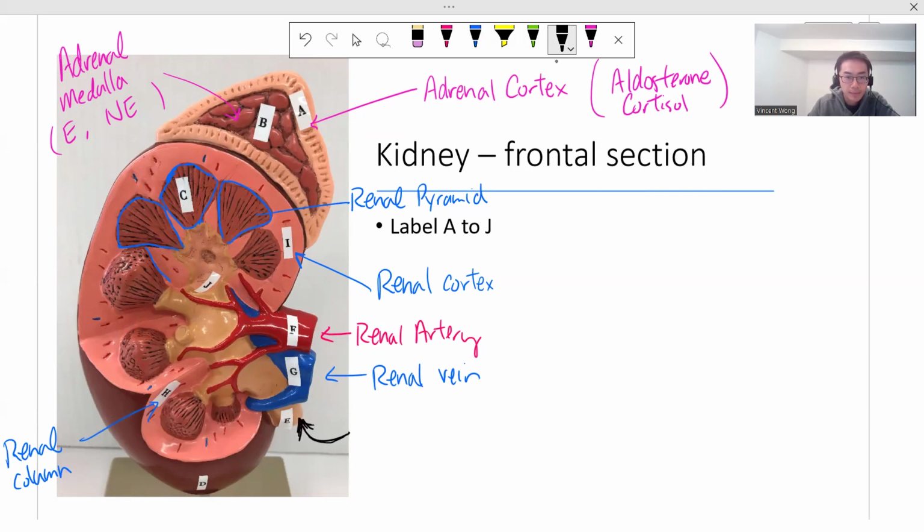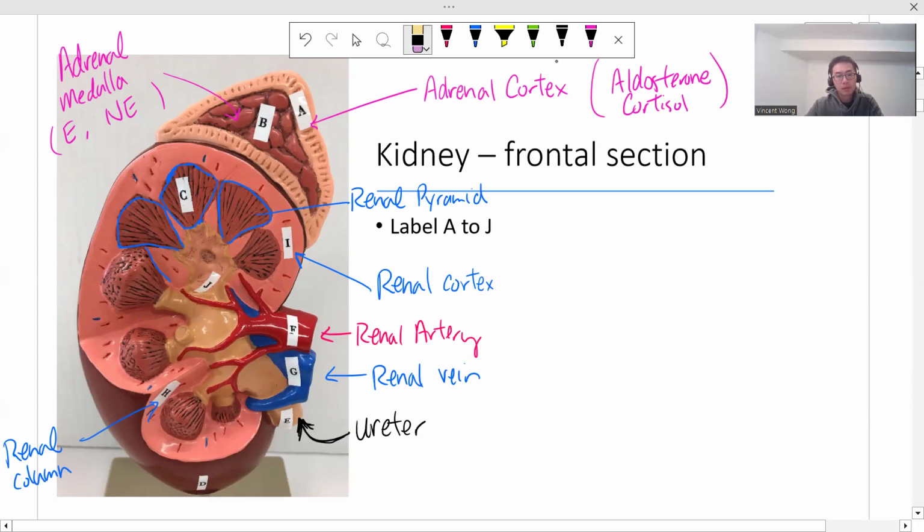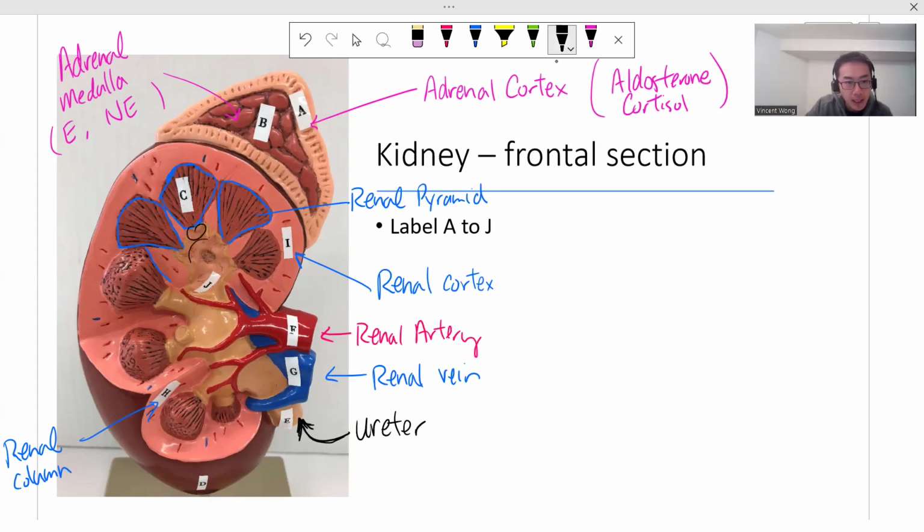The ureter. The ureter, yeah. And over here, that would be the major, well, actually, you know what? That's the minor calyx, major calyx. I would say this is the renal pelvis. Renal pelvis.